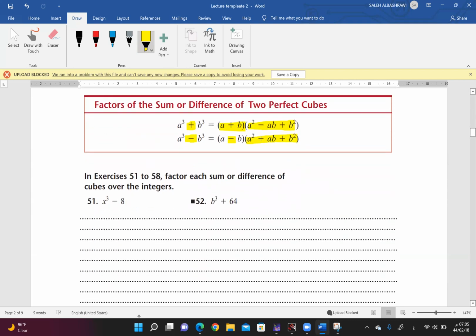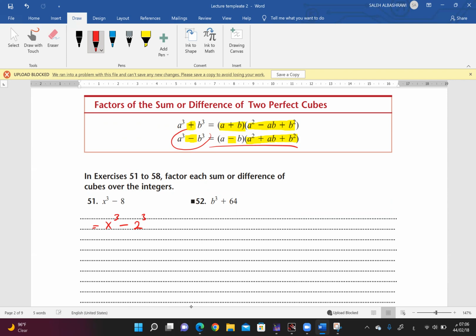For example, this is exercise number 51, which is x to the power 3 minus 8. 8 is 2 to the power 3. So I have a difference of two cubes.